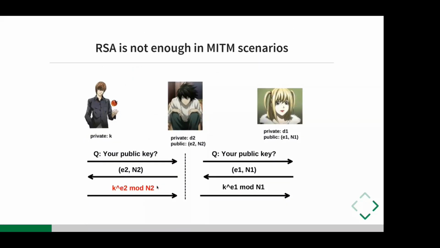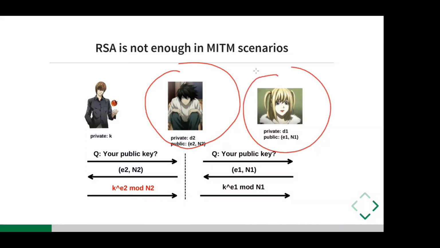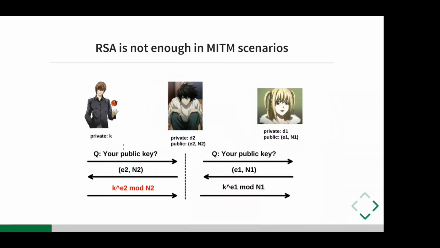For RSA, it's the same thing. We have a secret and two public keys, the one of the attacker and the one of the proper destination. When the sender sends his public key and gets back this public key, this E2, he doesn't know whether this is the proper public key or an attacker-constructed public key.